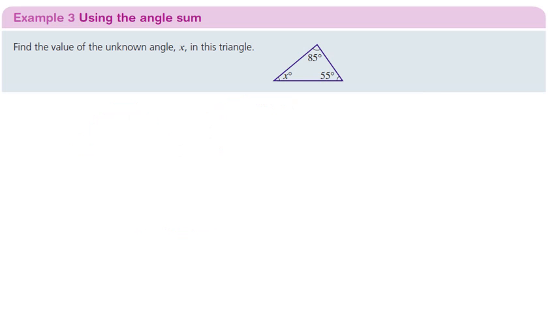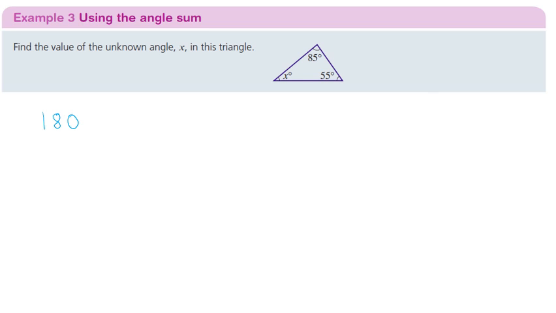Let's go through some examples. Find the value of the unknown angle X in this triangle. Okay, so we know that the inside angles of a triangle add up to 180. So the easiest way to work this out, rather than using addition, is to subtract. So we know that they all equal 180.